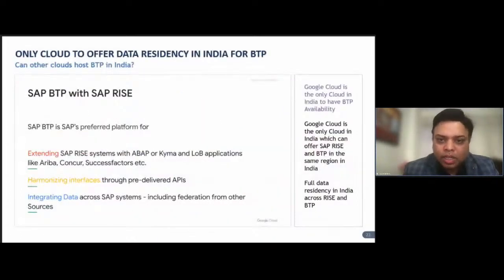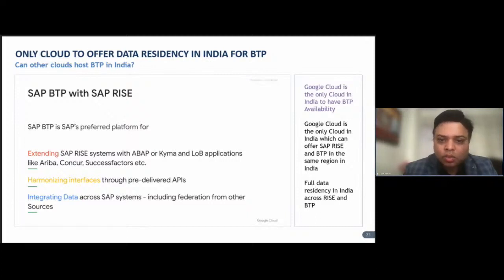Also, as I explained in our previous slide, we are the only cloud to be hosting SAP BTP in India. Now, SAP customers know that, as per the latest SAP thought process, they want to keep the core clean, as Anitosh also mentioned, and any extensions or customizations they would want to do in a different PaaS layer, which is called the SAP BTP layer.